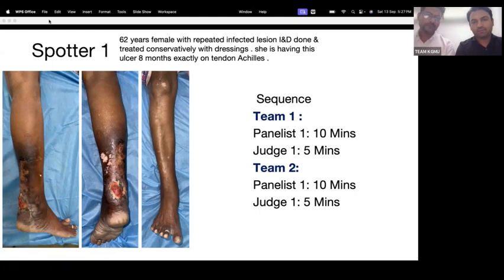Team B, what is your idea? Passive movement shows after debridement, it is the Achilles tendon moving. So what will be your management? If the tendon is exposed, I would like to go for a flap cover.